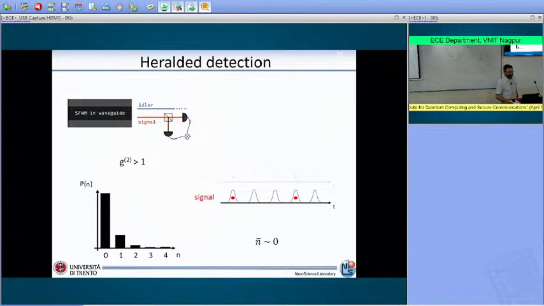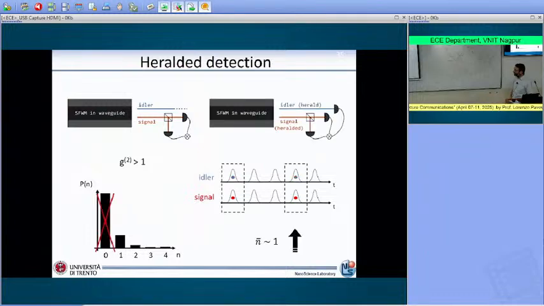Let us see what happens if I now repeat the experiment, but by applying the heralding approach. In this case, I'm measuring the other photon in the pair.